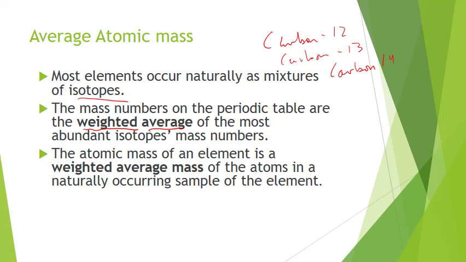So the mass numbers on the periodic table are based off a weighted average of the most abundant isotopes' mass numbers. You do this in your class all the time, like in our grade book, where we talk about your grade being 80% summative and 20% formative.